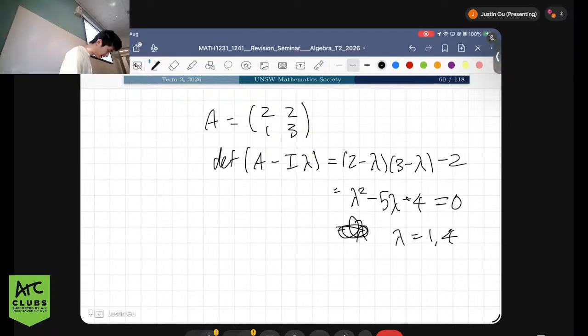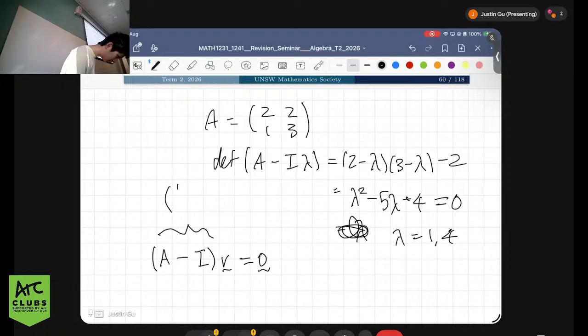Let's look at the eigenvectors corresponding to 1. We know it should fulfill this equation, right? It should be in the kernel of A minus I, but A minus I is going to be 1, 2, 1, 2, right? And I can see directly that if I multiply this by negative 2, 1, I'll get the 0 vector.